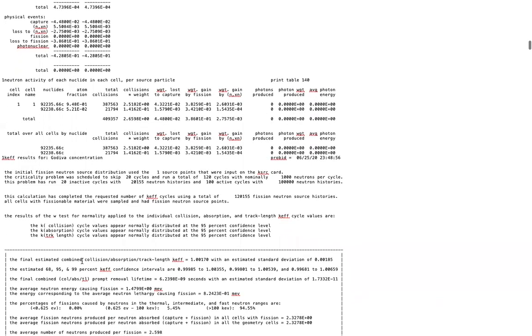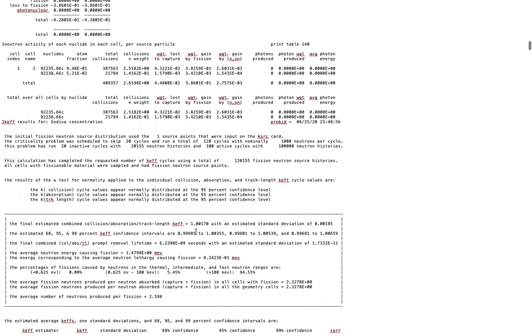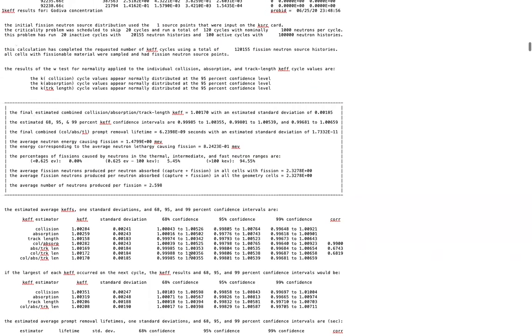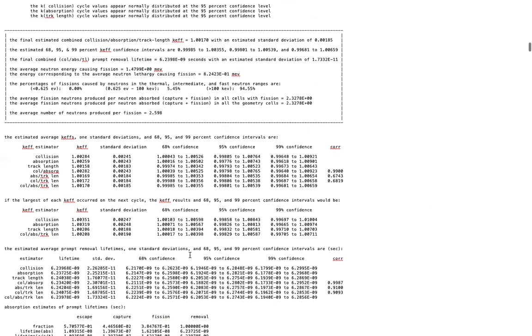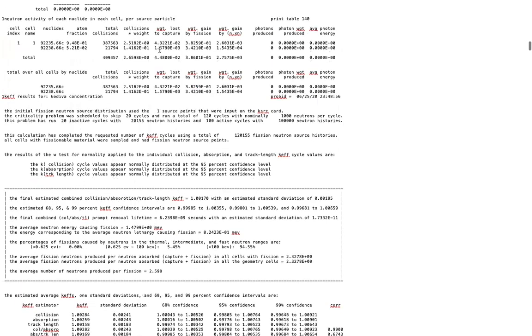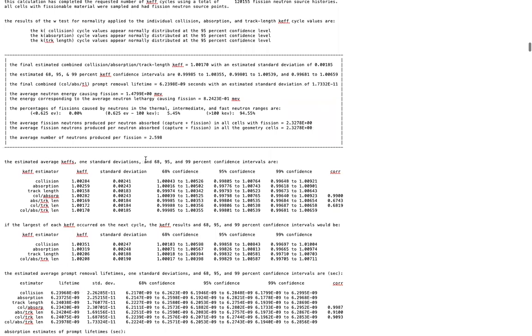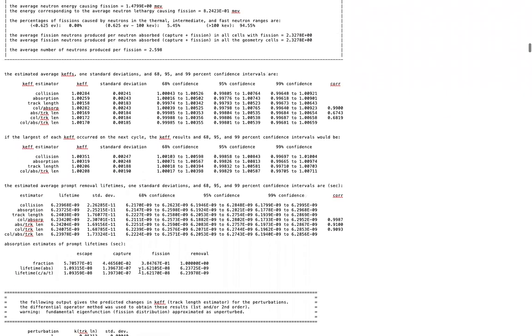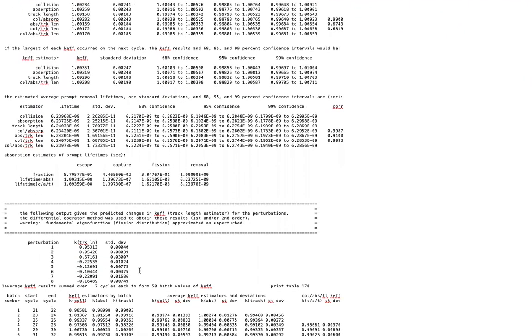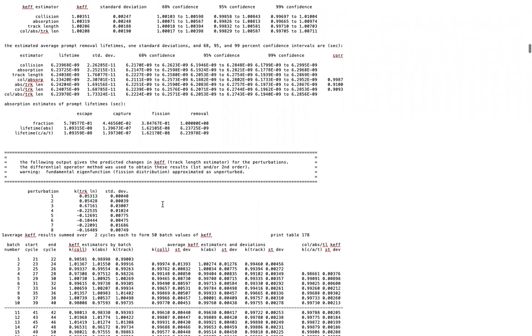Okay, now let me quickly take you, these are all confidence levels, looks good, and read all these, but let me run to the tallies. Did I miss the tallies? No, the tallies are coming. So these are the removal lifetimes. These are the predicted changes in K effective.